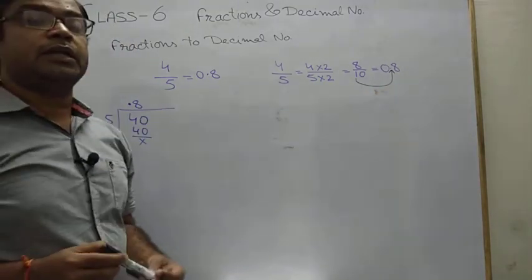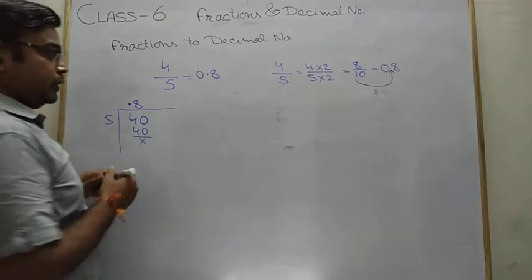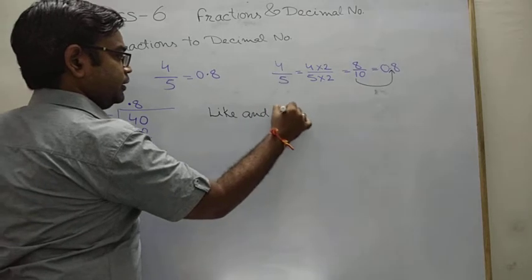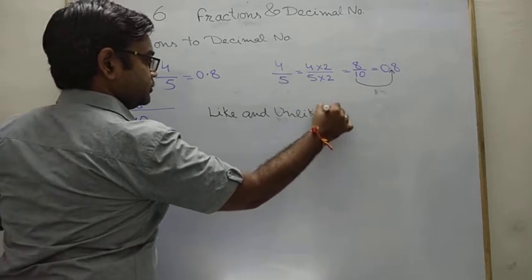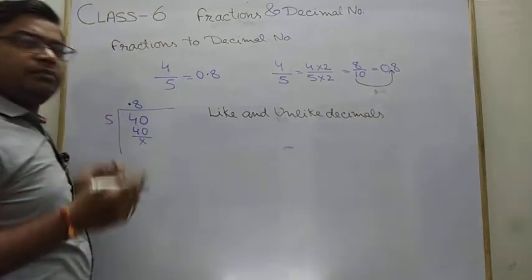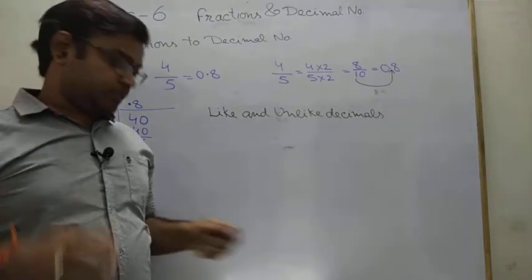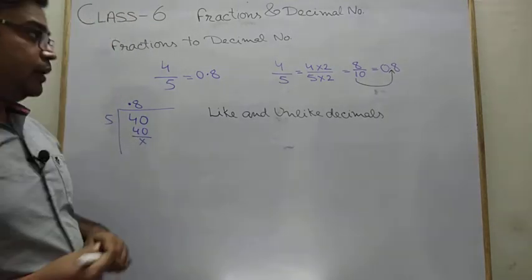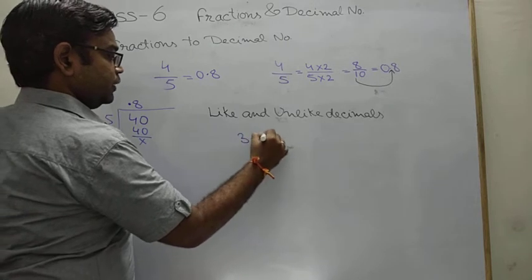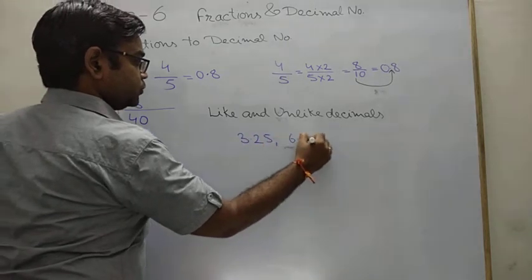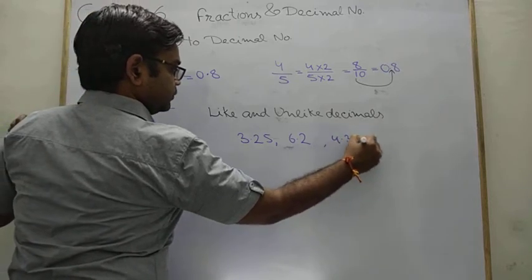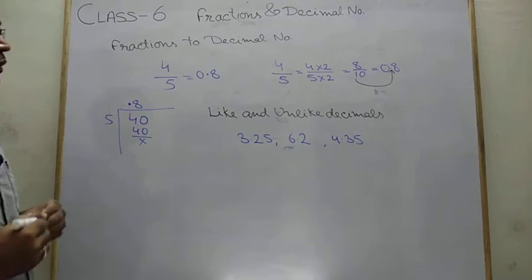Now there are a few more terms, like and unlike decimals. I am writing it over here. It is a little bit similar to like and unlike fractions. Suppose I have two numbers over here, 3.25, 6.2, and one more number, 4.35.